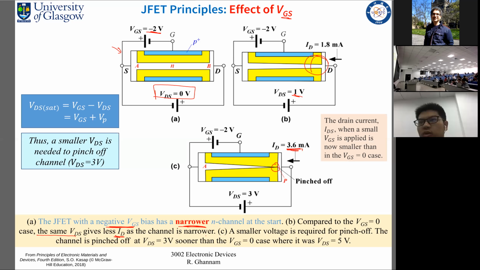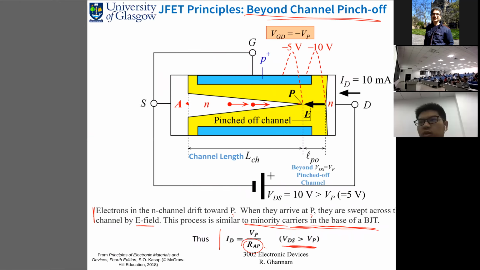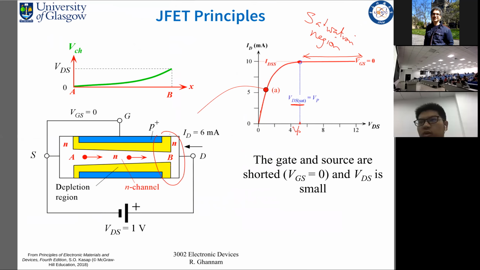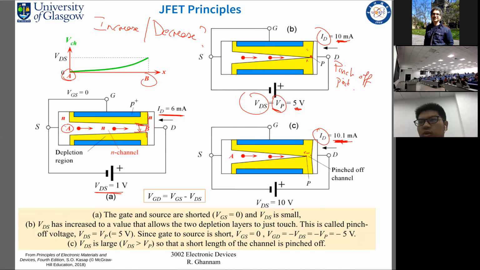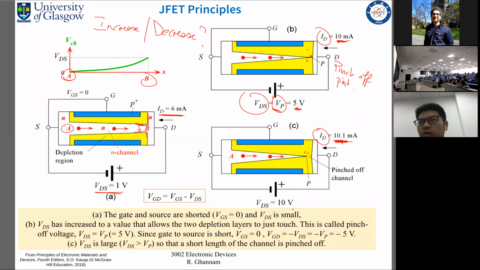In this case, ID is equal to 1.8 milliamps, whereas in our previous example, when we had VDS equal to 1 volt, ID was 6 milliamps.